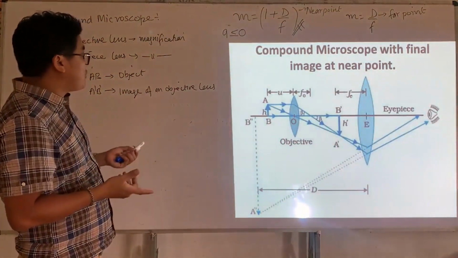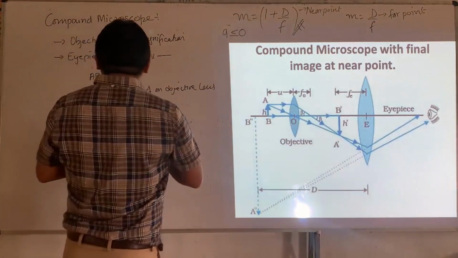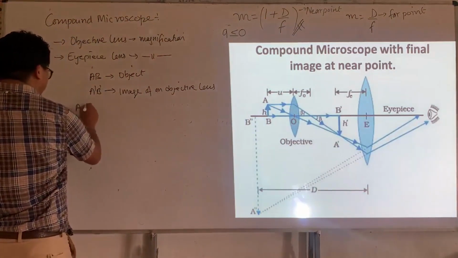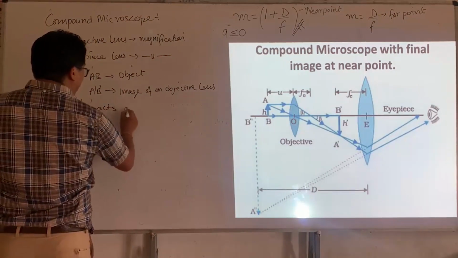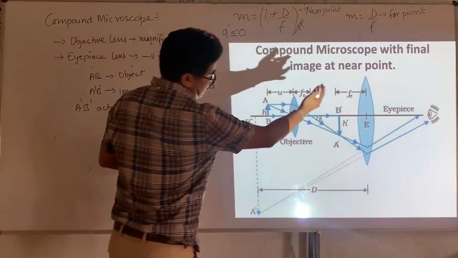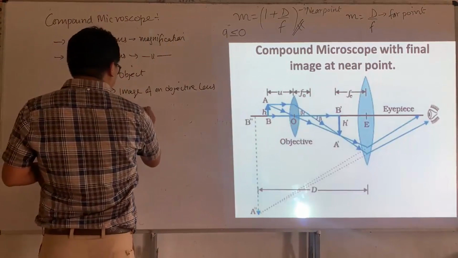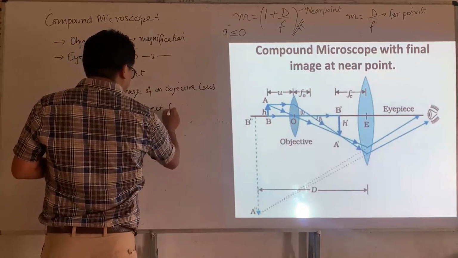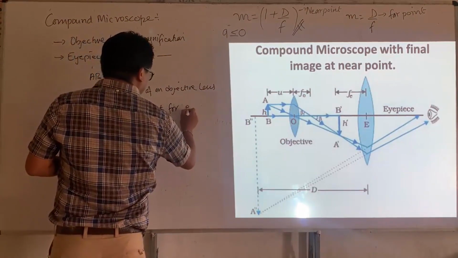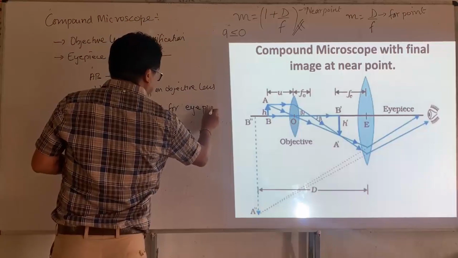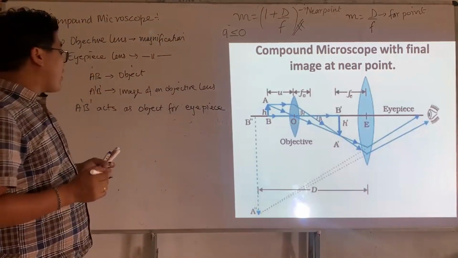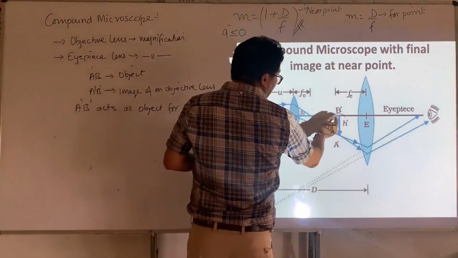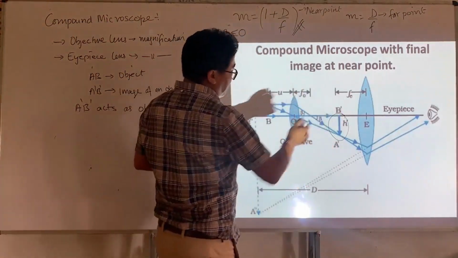Now, this image A prime B prime acts as the object for the eyepiece.